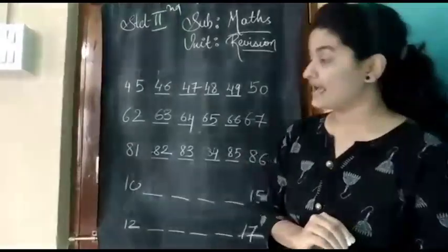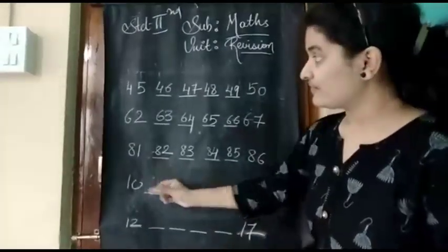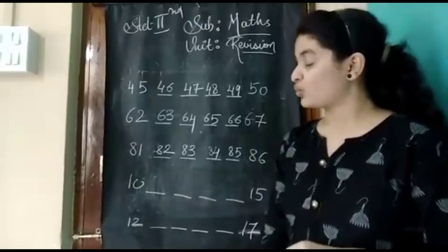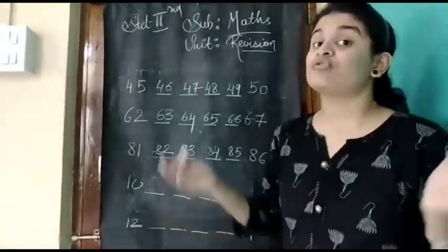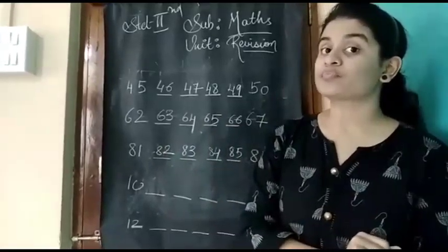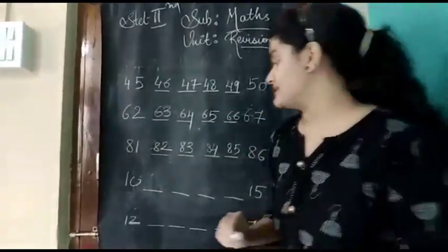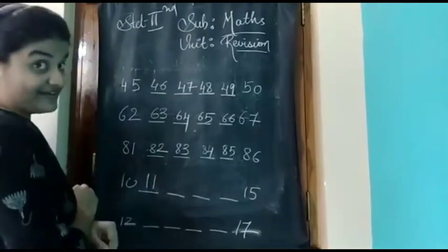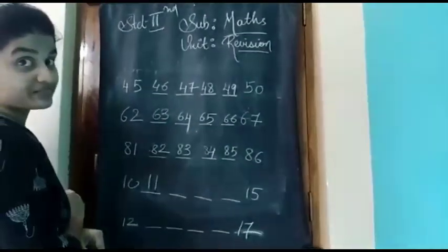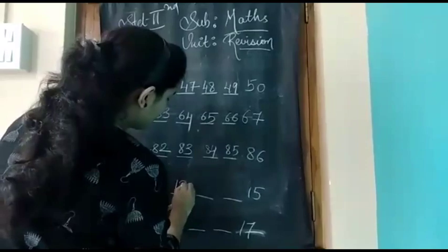Right? Yes. So now let us solve the fourth question. So now tell me, after 10, which number comes? Yes, 11. Right? After 11, which number comes? 12.